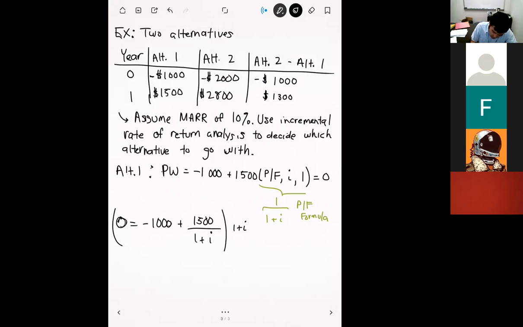And so that gives us 0 is equal to minus 1,000 times 1 plus I plus 1,500.